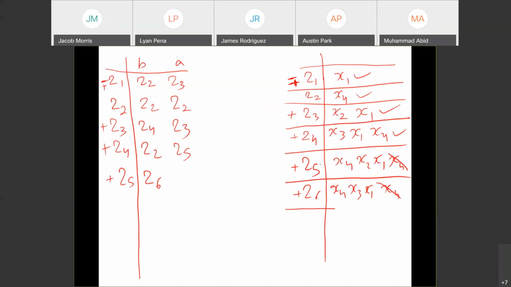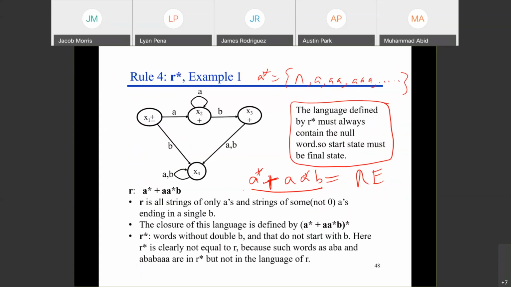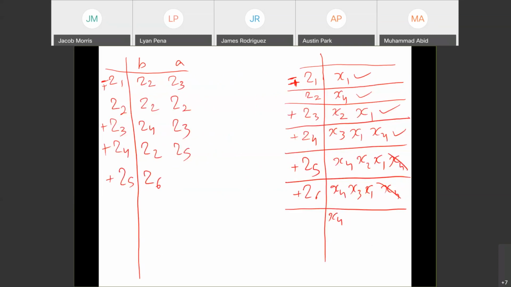So now we check Z5 for A. You are at X4, you receive A, you will stay at X4. You are at X2, you receive A, you stay at X2. X2 is final, you go to X1. You need to write X1 also with that. You are at X1, you receive A, X1 with that.